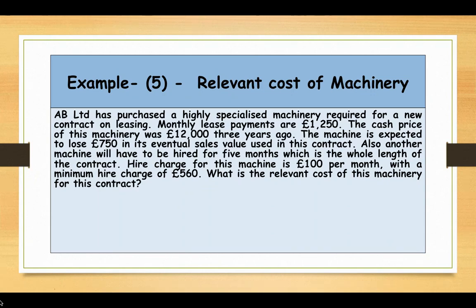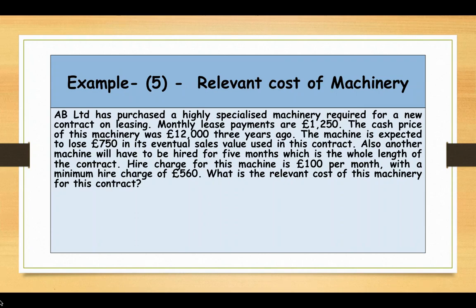So that is the opportunity cost. In the same way, they say this machine is expected to lose £750 in its eventual sales value used in this contract. So in this example, this £750 is the opportunity cost, which is relevant.